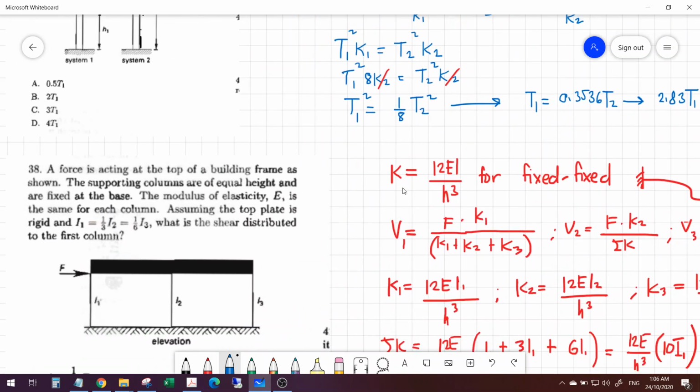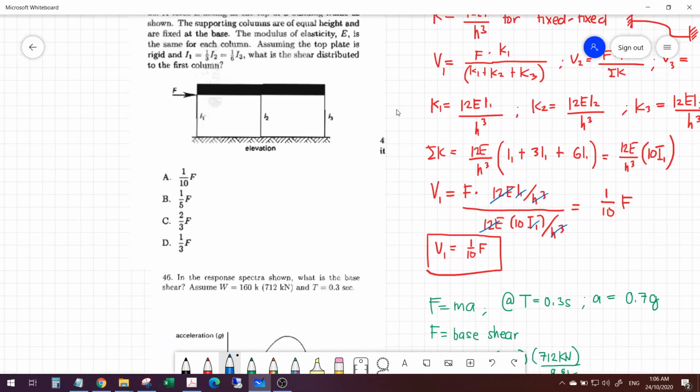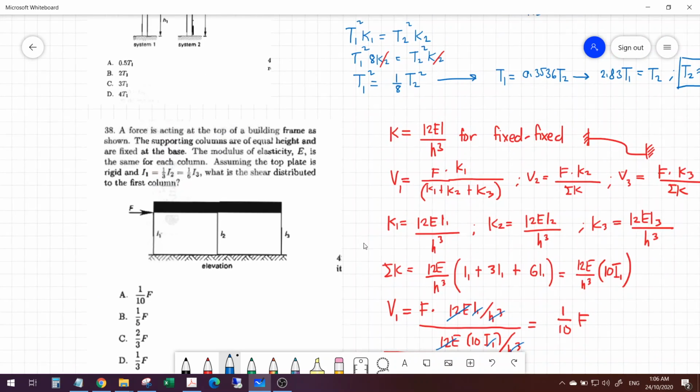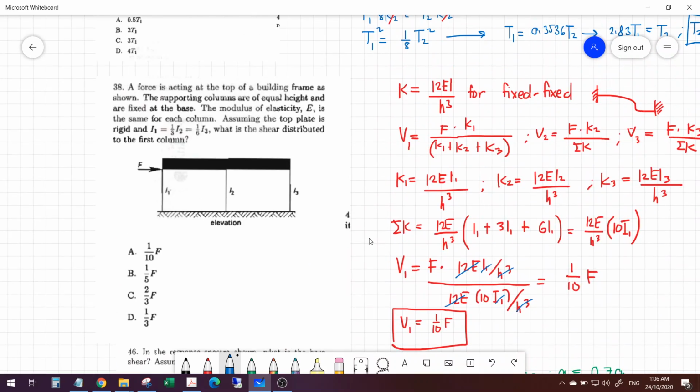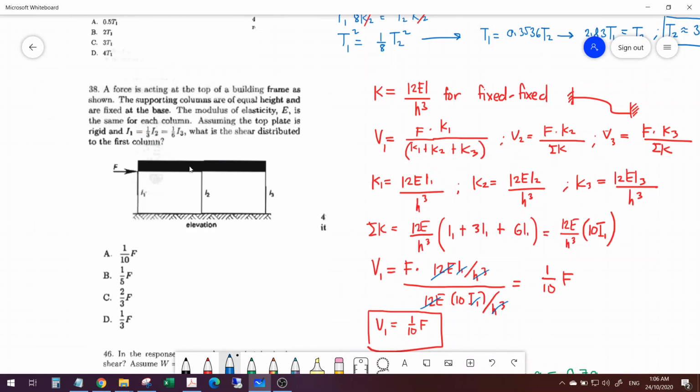Okay. So, I think this is the next problem, the third problem. So, we have say a one-story building wherein there's a force acting at the top of this one-story building na may tatlong poste.